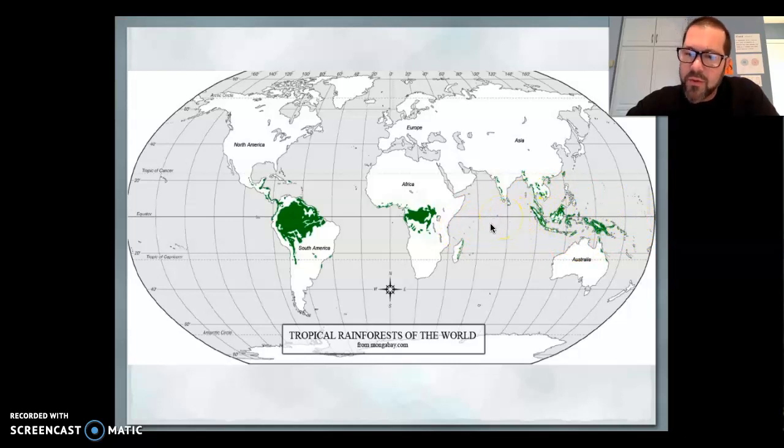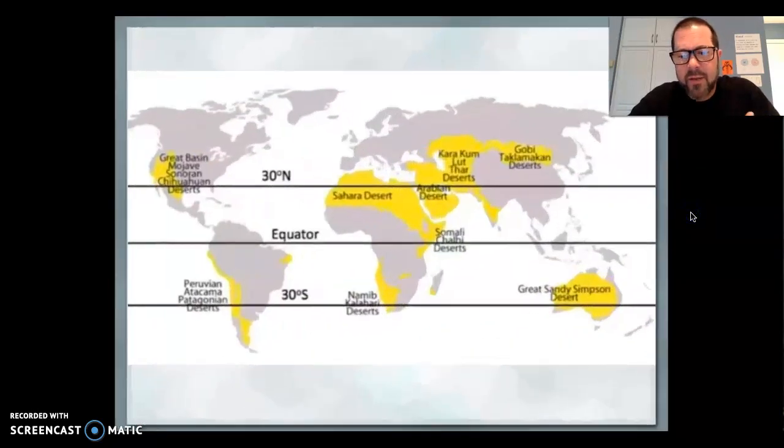So the doldrums on either side of the equator, with their stormy, rainy conditions, provide enough moisture for these tropical rainforests. So it's no surprise that the tropical rainforests of the world are in the doldrum areas here, straddling the equator.